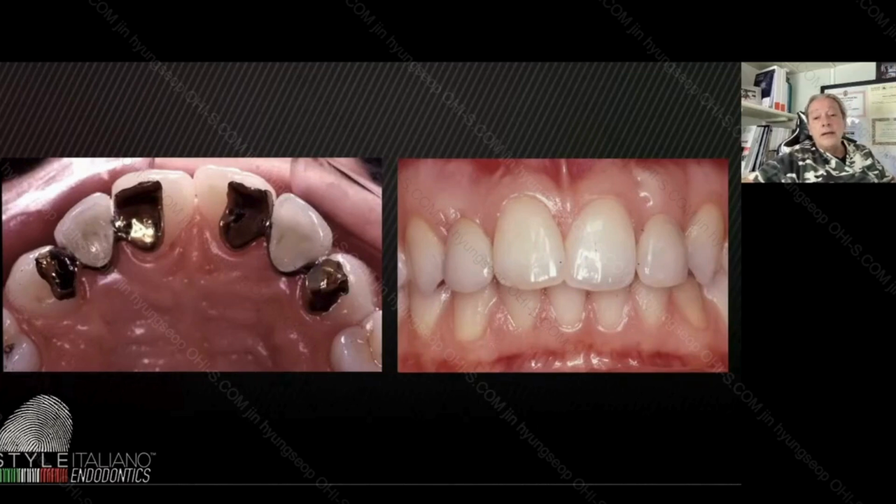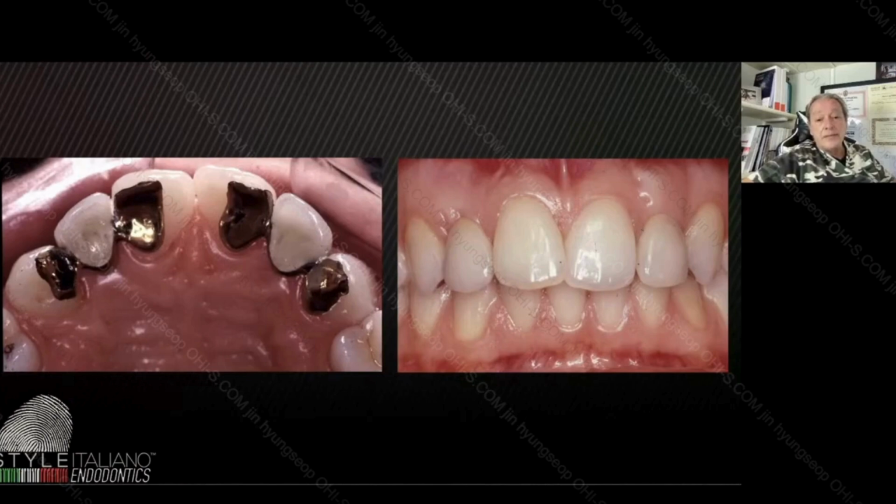And now you can see on your right the result after 35 years. They are still working. The teeth have moved a little, but nothing dramatic, and the patient is still satisfied.